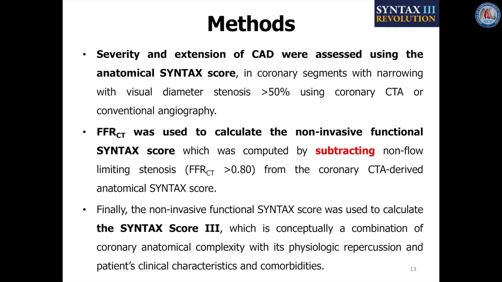So you end up with only lesions that are physiologically significant. And then at the end, what you have is the new SYNTAX score 3, which is conceptually a combination of coronary anatomical complexity with its physiological repercussion, combined with the patient's clinical characteristics and comorbidity.